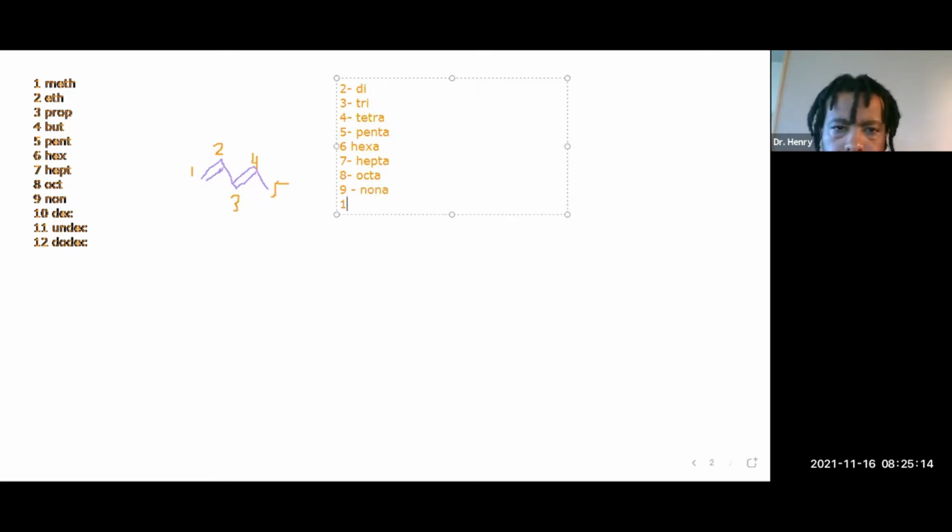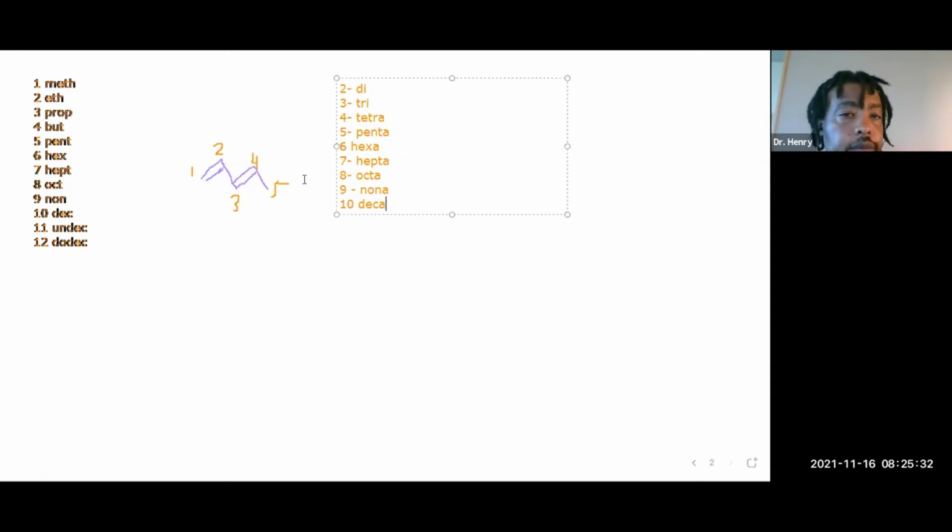And 10, deca. So these are the official Greek prefixes. If you take a look at the prefixes that we use for the carbons, you'll notice those first 4 are different than the Greek prefixes. So you want to make sure that you don't get those mixed up.